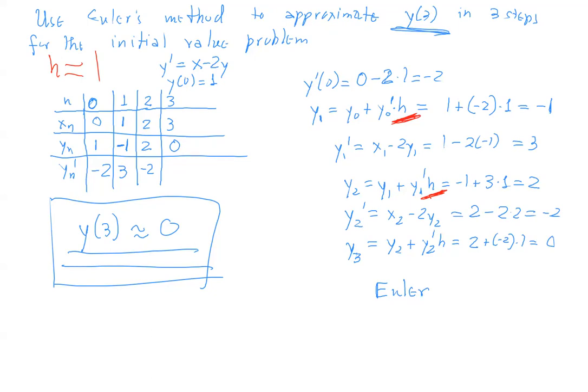And here's one interesting thing I would like to end the lecture with. There's a very interesting situation in which we can take an indefinite amount of steps. So consider the following problem. y prime is equal to y, and y of 0 is equal to 1.